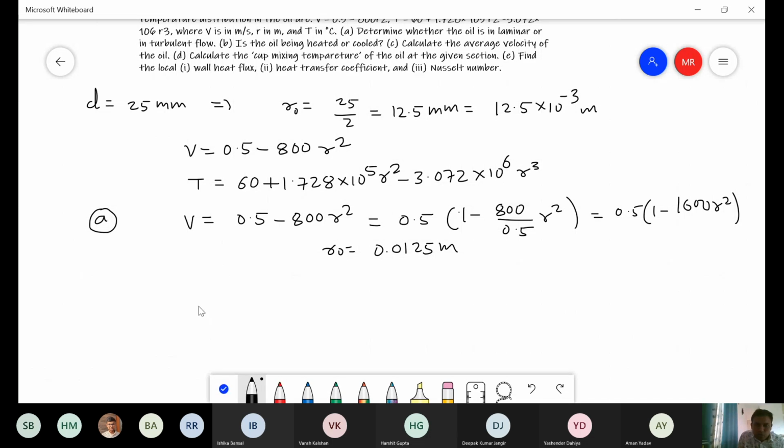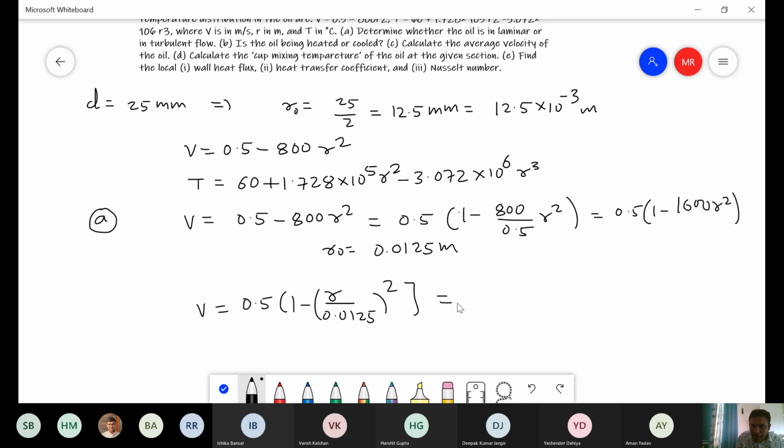V equals 0.5 into 1 minus R divided by 0.0125, this entire thing squared.